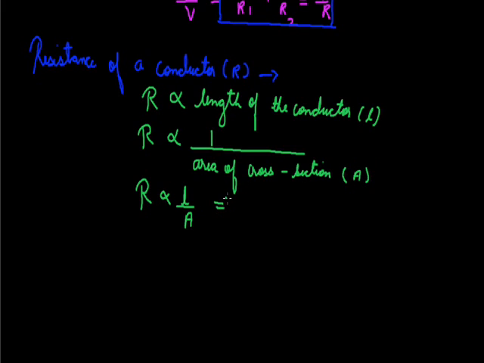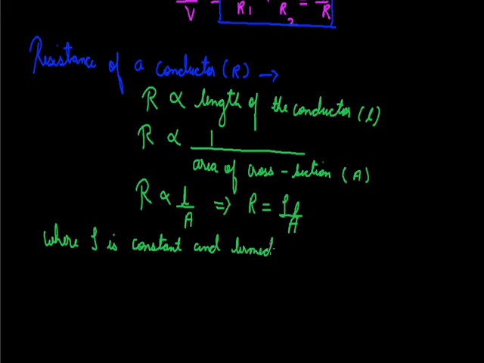It implies R is equal to rho L by A, where rho is a constant termed as resistivity.